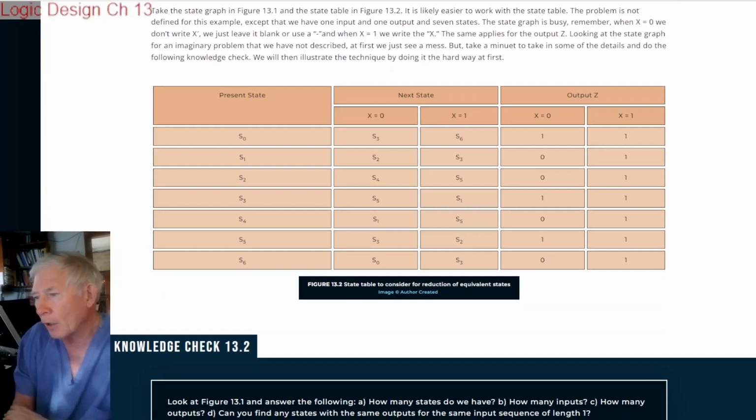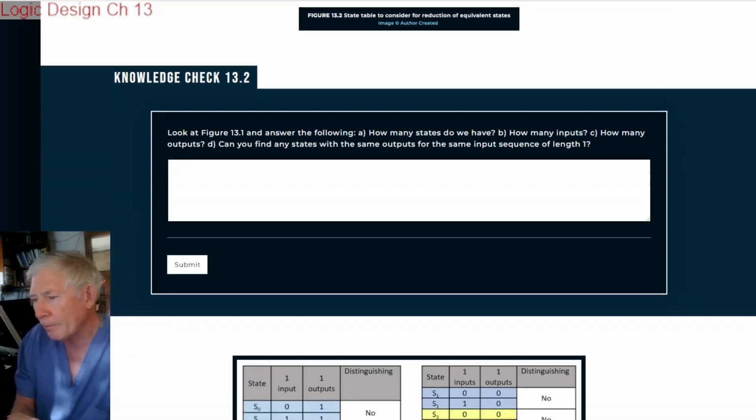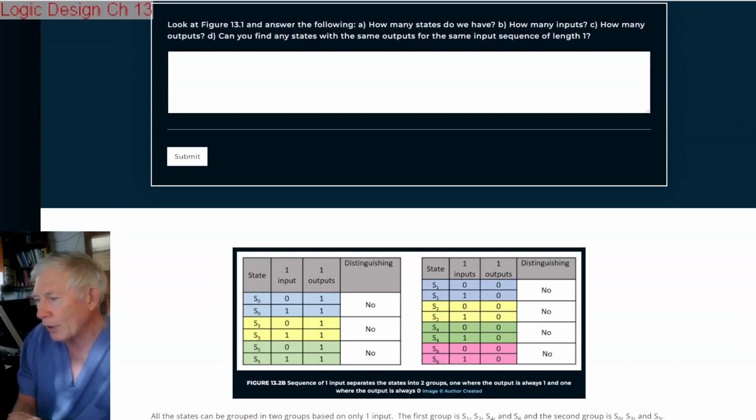Now, how about S1? On one input, these outputs are 0, 1 for S1, 0, 1 for S2, 0, 1 for S4, and 0, 1 for S6. So S1, 2, 4, and 6 give us the same outputs.